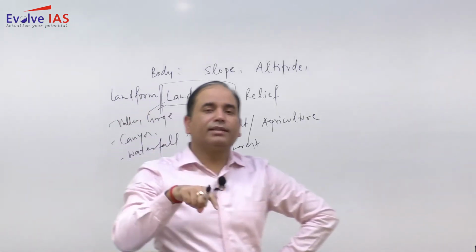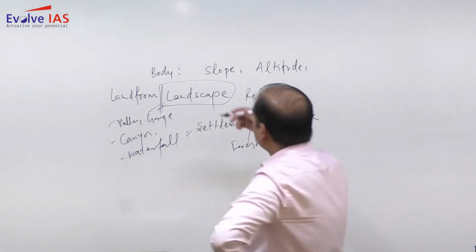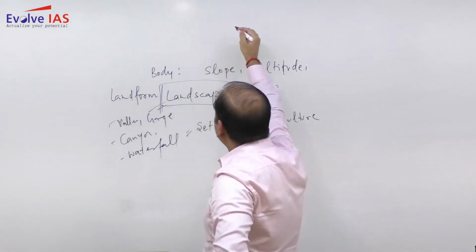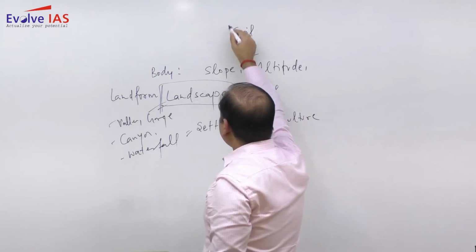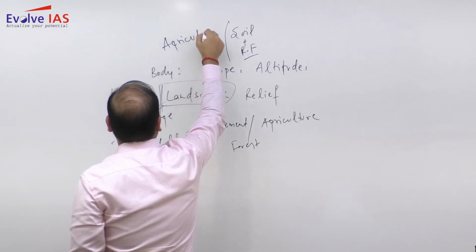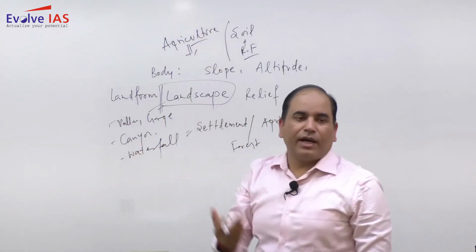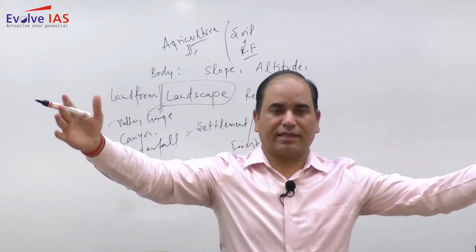So the vegetation that will develop in those areas, vegetation is the resultant of both soil as well as rainfall. But if you look at the agriculture, agriculture will not be that productive. And if agriculture is not that productive, it means you need large scale of land.